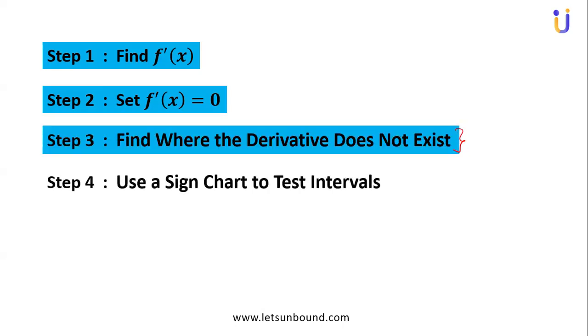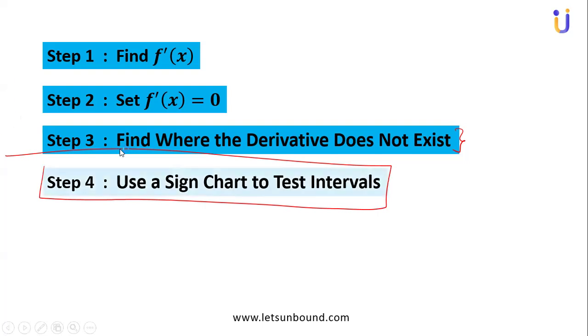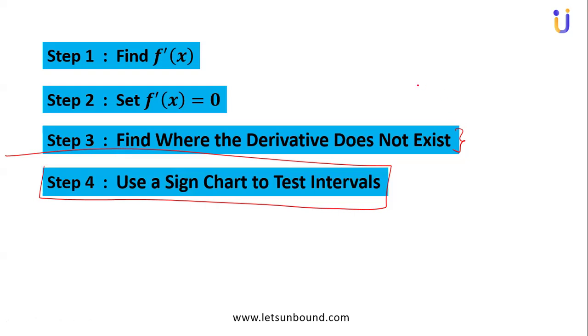So use a sign chart to test intervals. We will see in our examples how to draw the sign chart. The sign chart will say, for example, positive, negative, and positive, where your f'(x) is negative and where your f'(x) is positive. And with this, we can come to the conclusion.